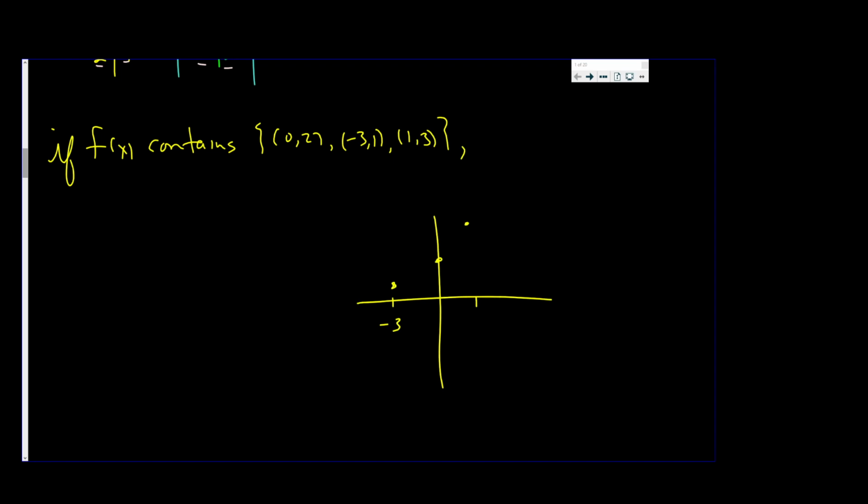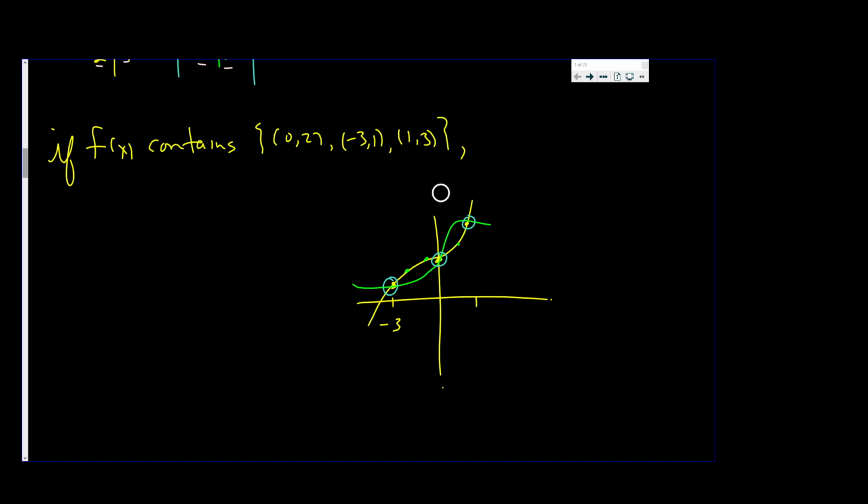Do not draw a curve. Do not draw a straight line, because you have no idea if f of x contains that point or that point or that point. I mean, it could have gone like this. It could have gone like that. Or f of x could only contain those 3 points.